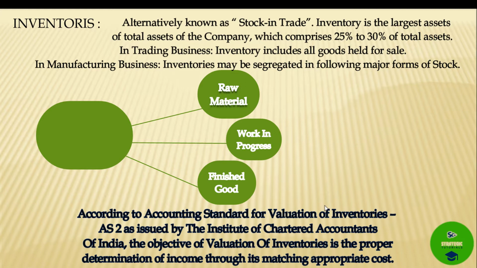According to the accounting standard for valuation of inventory, as per AS 2, as issued by the Institute of Chartered Accountants of India, the objective of the valuation of inventories is the proper determination of income through matching appropriate cost.